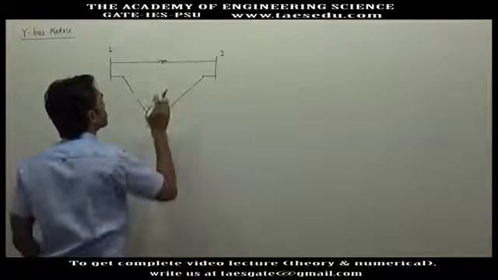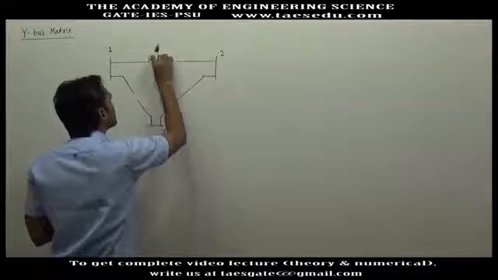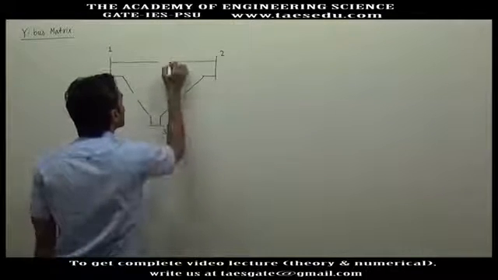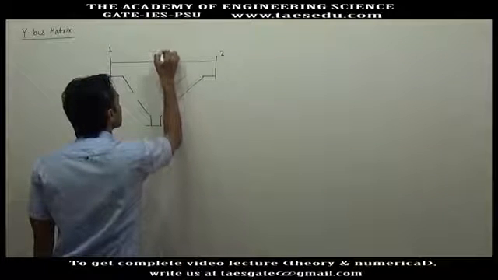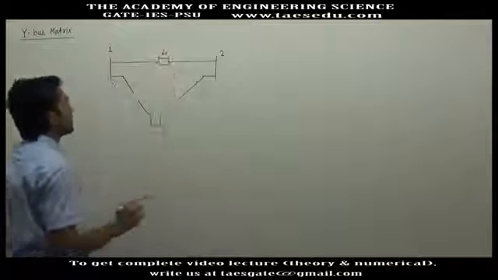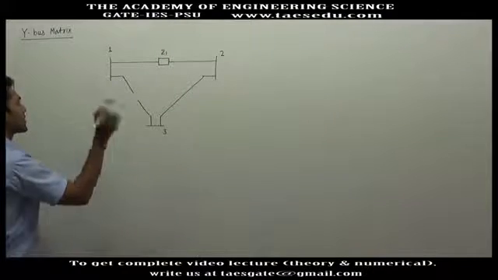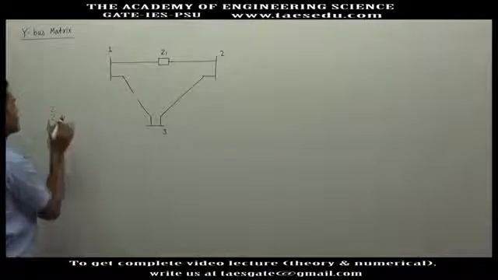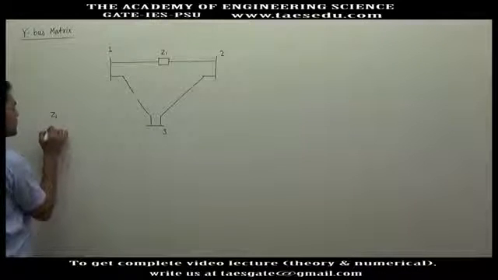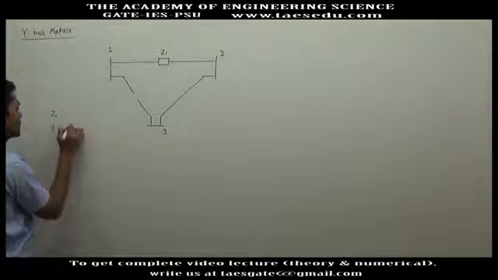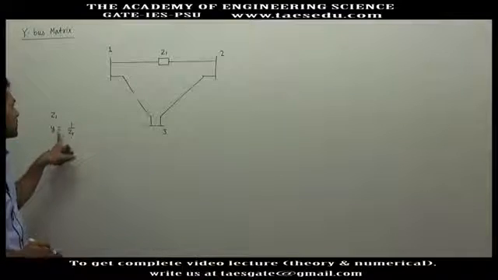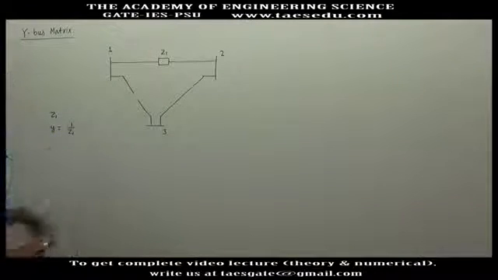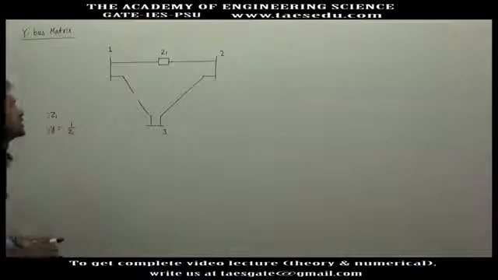Some resistance may also be there, although reactance dominates, so it is better to write it as Z1. If the impedance of the transmission line is given, so what will be the admittance? Y will be 1 upon Z1.